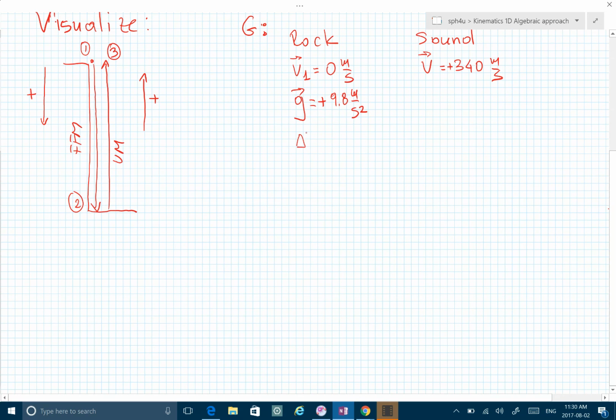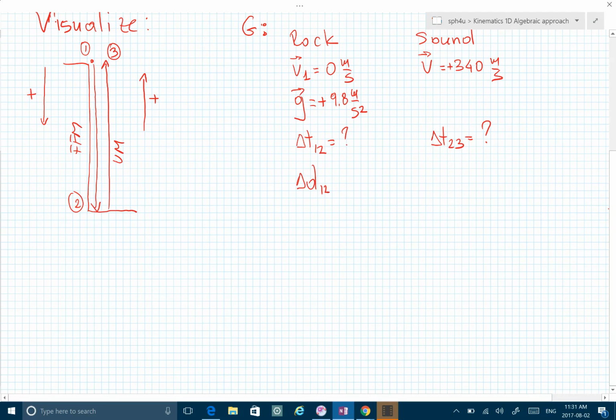If I call delta t from 1 to 2 the time it takes the rock to hit the water, we don't know what it is. And delta t from 2 to 3, the time it took the sound to come up, we don't know that either.